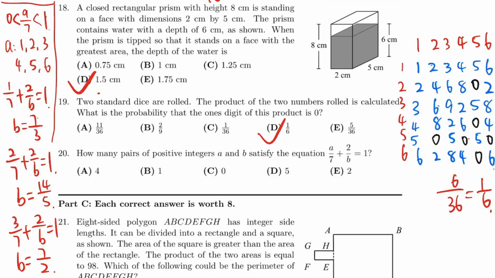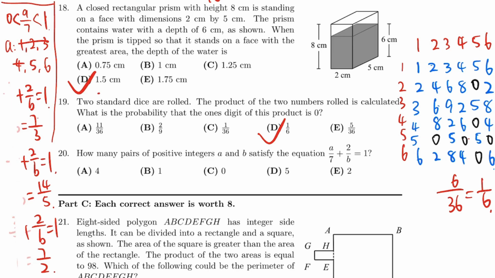So we try 4 over 7 plus 2 over b. So for this case, b equals 14 over 3. No. Also a no. Okay. So we have tried 1, 2, 3, 4. All of them are not workable.